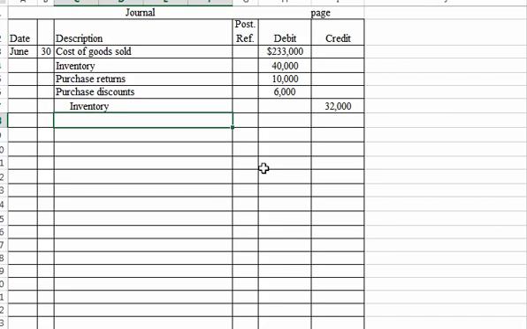Alright, now what other accounts had a debit balance that need to come off the books? Well, purchases, $240,000. And then freight in had a debit balance for $17,000.